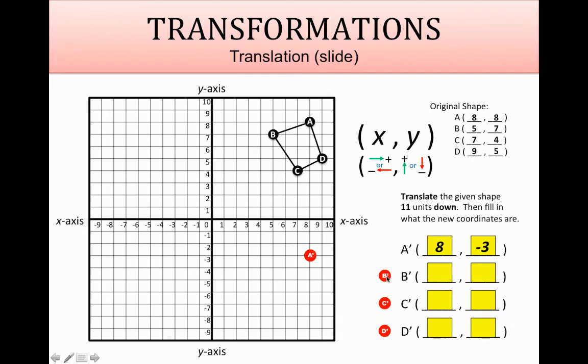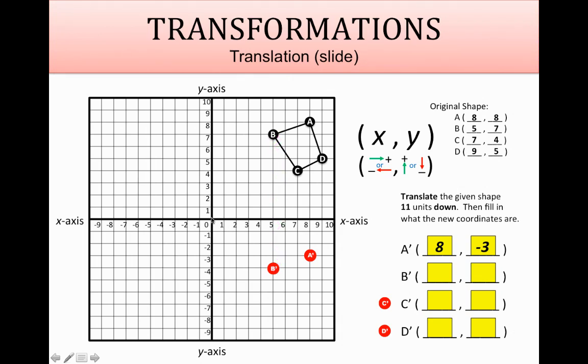Let's do the same thing with B prime. Click and drag it to where B is, start there and move it 11 units down. Counting along the way makes it a little bit easier. And right there is where B prime is supposed to be.